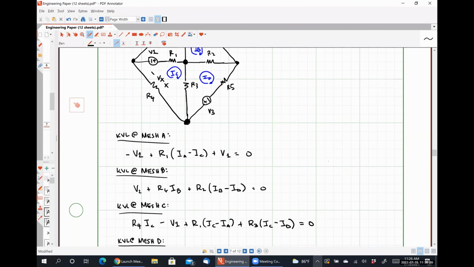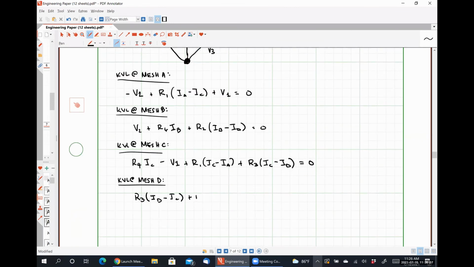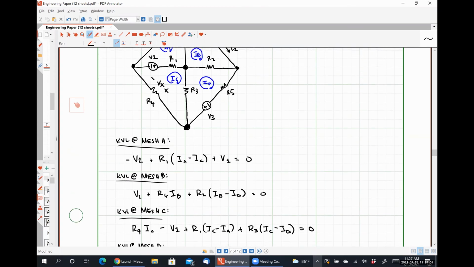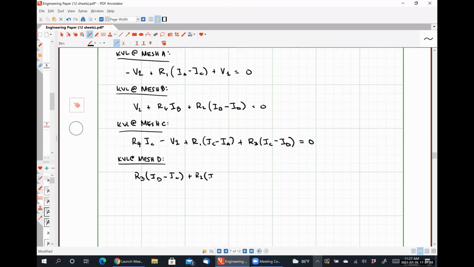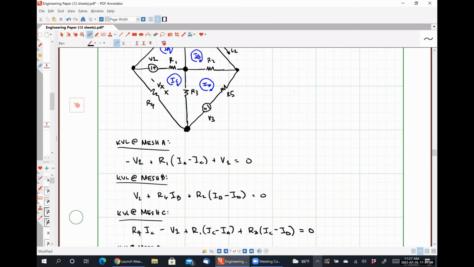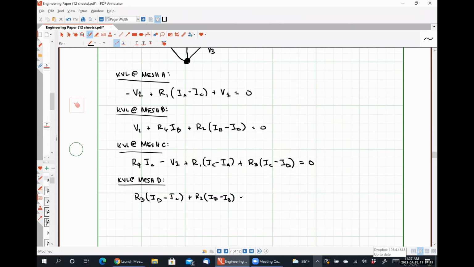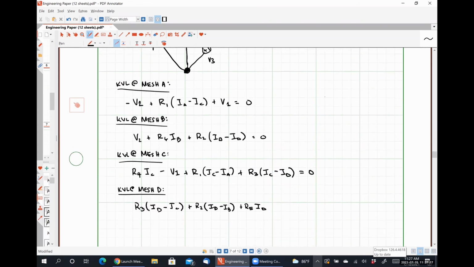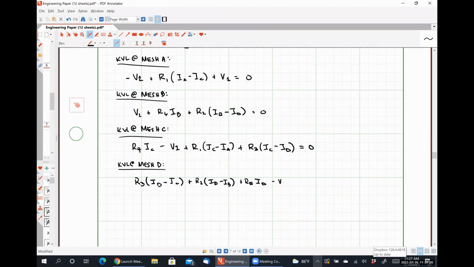Then I see R2, which will have a total current of ID minus IB. Then I see R5, which just has ID flowing through it. And then I see the negative polarity terminal of V3 first.